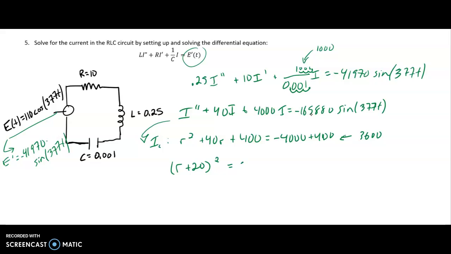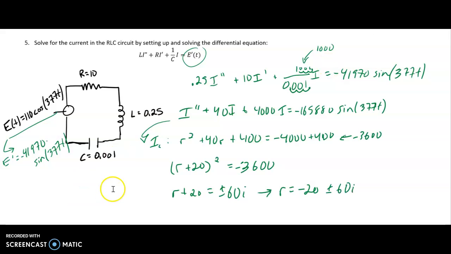Equals negative 3,600, it's negative because of the negative there. So that gives me R plus 20 equals plus or minus 60I. That works really well, which gives me R equals negative 20 plus or minus 60I.